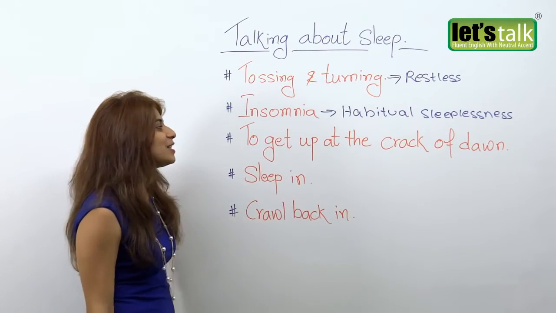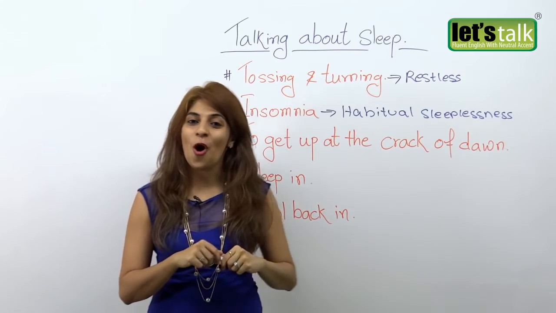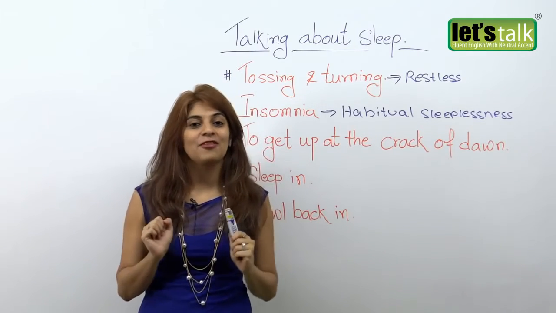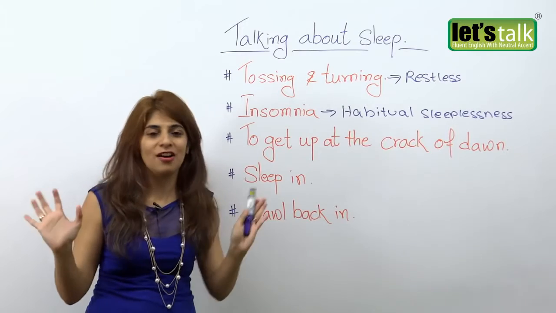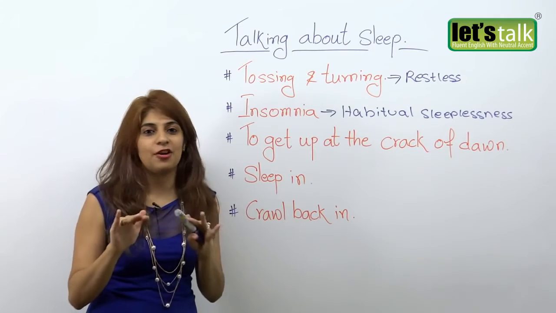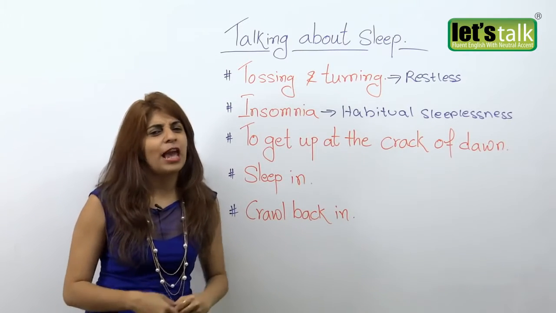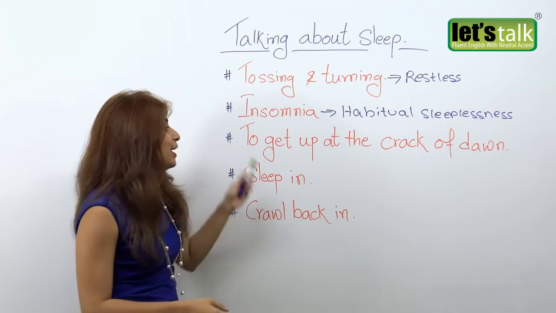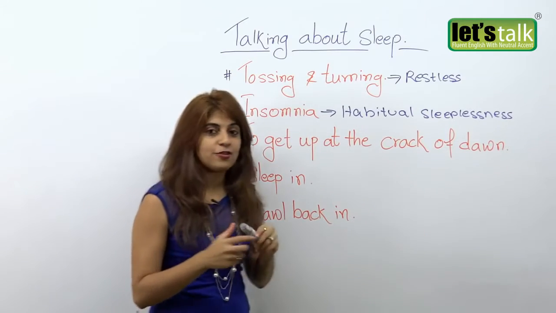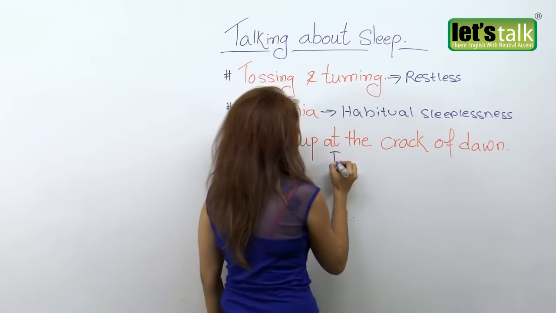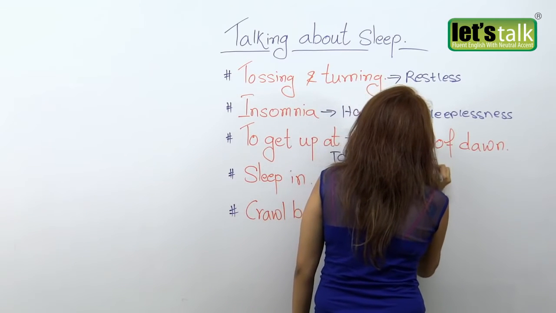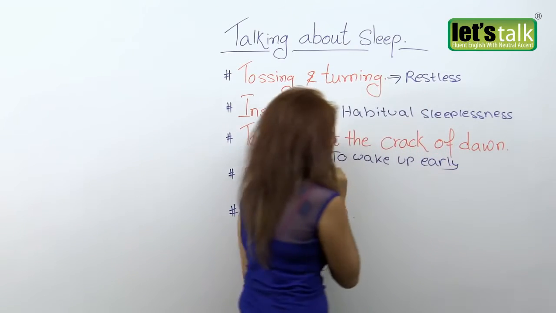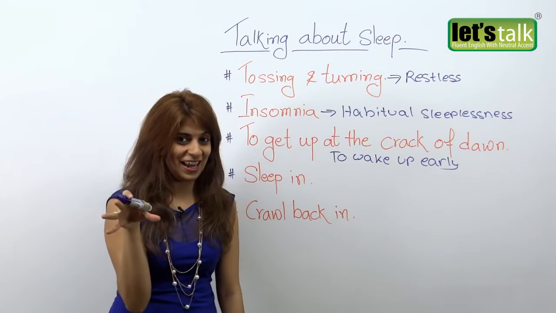Then the next one is to get up at the crack of dawn. Now, to get up at the crack of dawn means to wake up early, like really early, which I can never ever do unless I have to catch an early morning flight. So, to wake up early in the morning, okay?